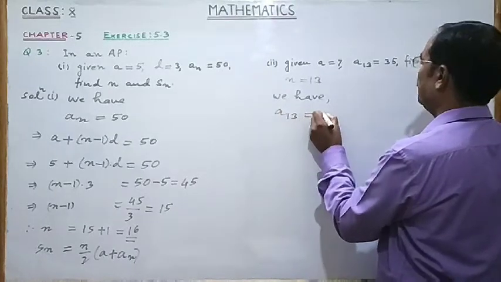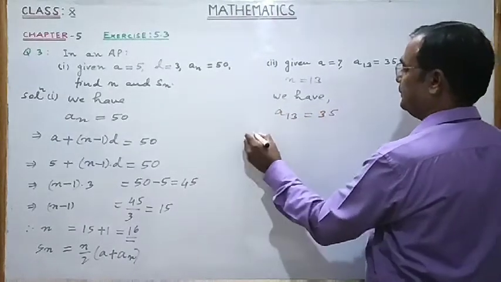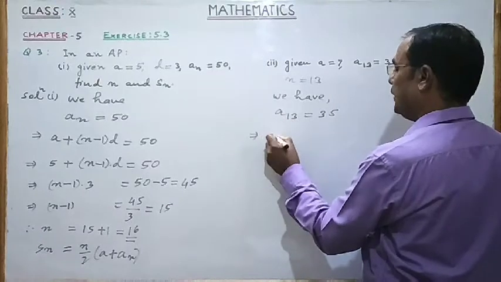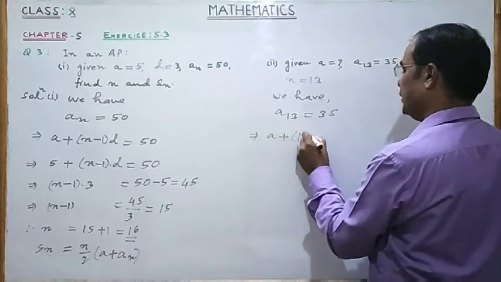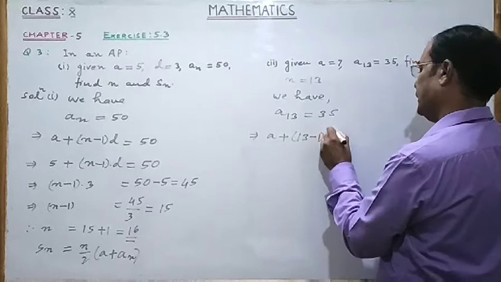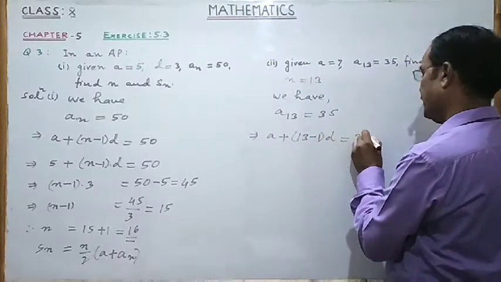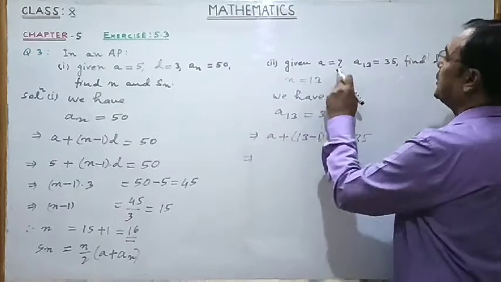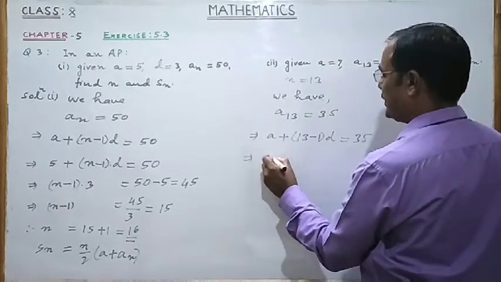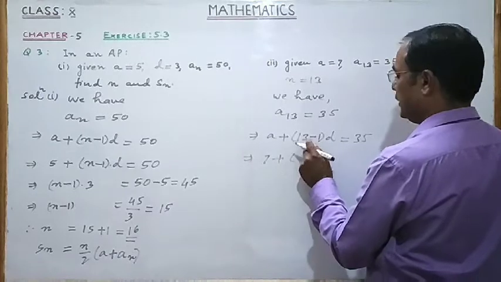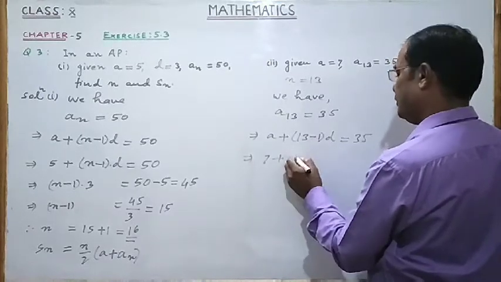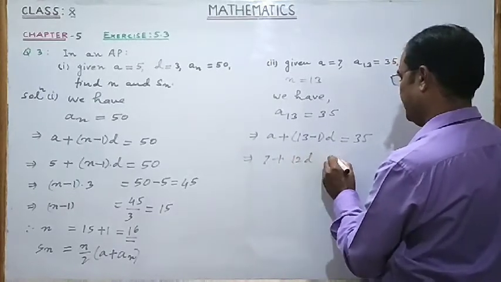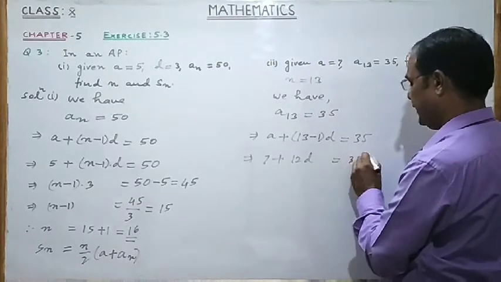So we have a13 equal to 35. The 13th term: a plus 13 minus 1 into d equal to 35. Now put the value of the first term a, which is 7, plus 13 minus 1, 12, into d equal to 35.